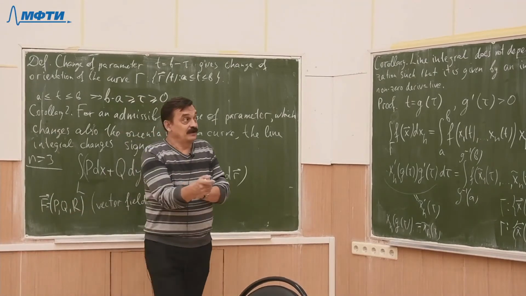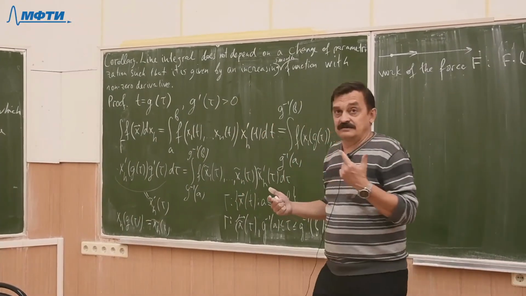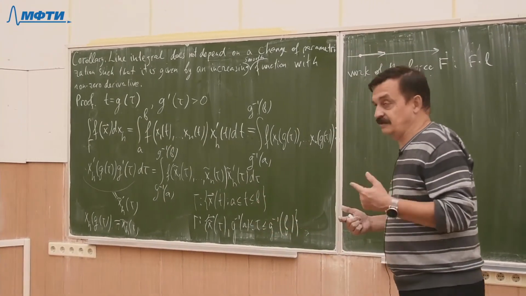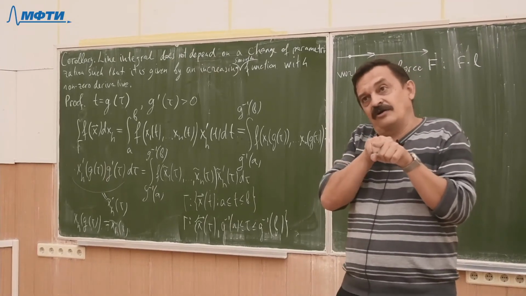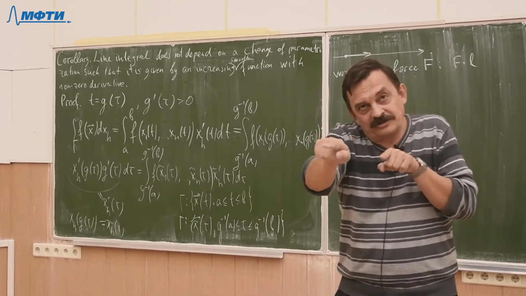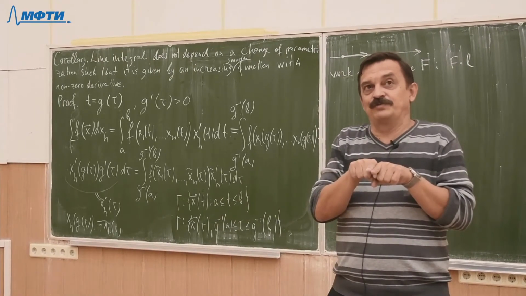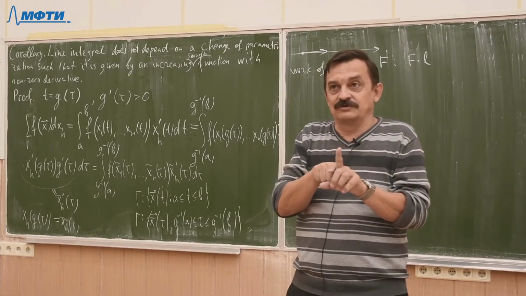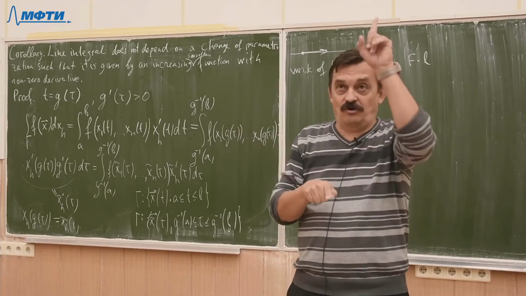Then, if you look at the integral sum for the line integral, then you will recognize work along a coordinate axis, roughly speaking. And if you want to compute the total work, you need to add together the works along each of the coordinate axes.